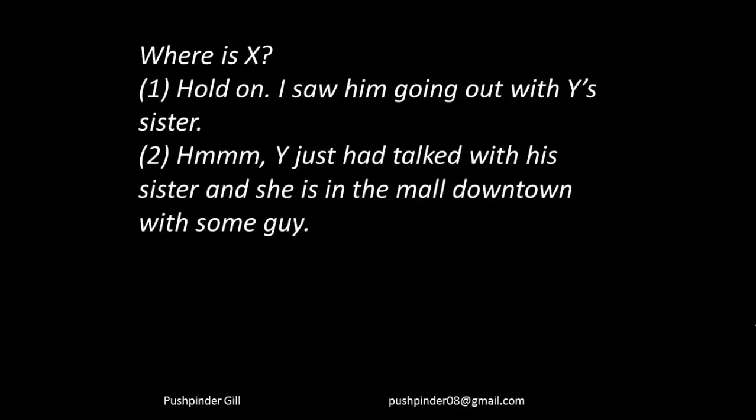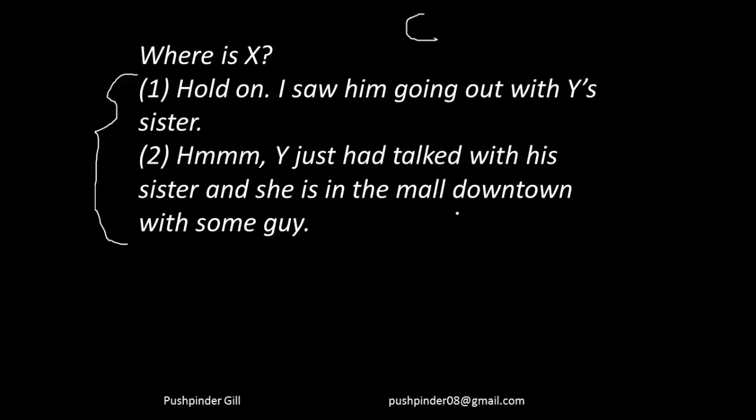Now this is about answer choice C, wherein you combine both the statements. Since this question is asking where is x, the first statement says I saw him going out with Y's sister. The second says Y had just talked with his sister and she's in the mall downtown with some guy.